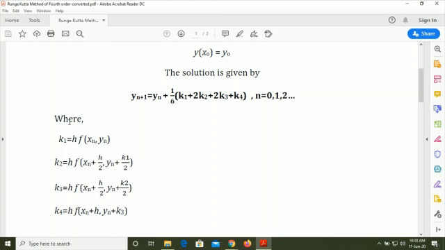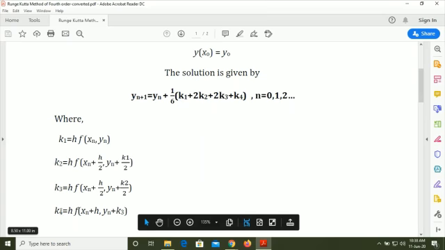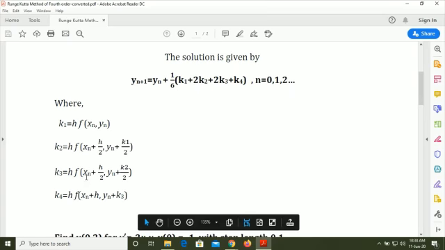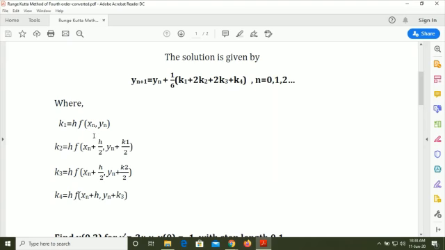Here k1, k2, k3, k4 are to be determined using these formulas, where k1 is h into f(xn, yn), and here h is the step size. Step size means the difference between any two consecutive x values.